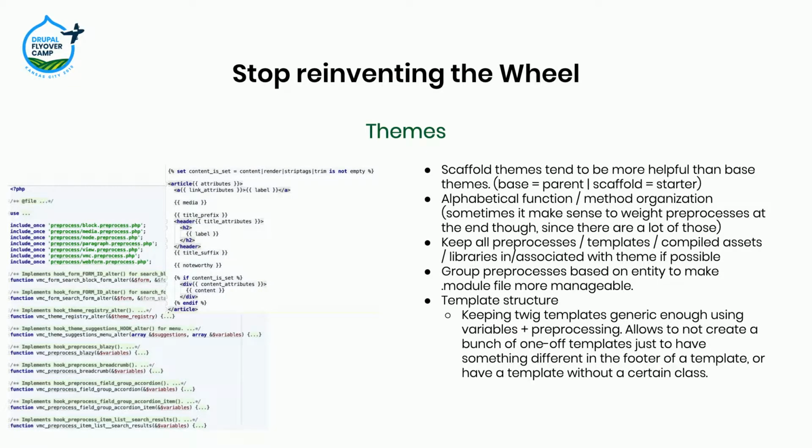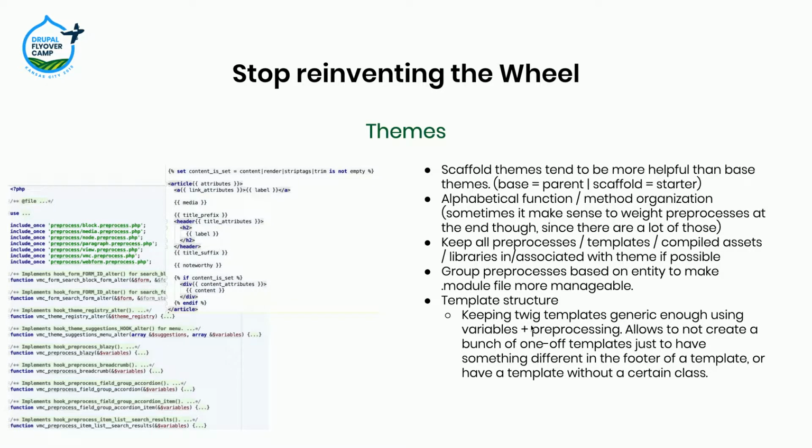And if we would add that in the Twig template, and then we say, well, actually on this other one, we want to use the same code, but we don't want to have that class in there anymore. But since we added it in the Twig template, you can't remove it. You either copy and paste that code, and now you have two Twig templates that are basically the same thing. Or you remove the add class declaration and just do it in a preprocess, so that way you can easily modify it later.